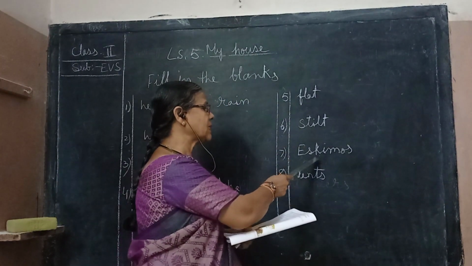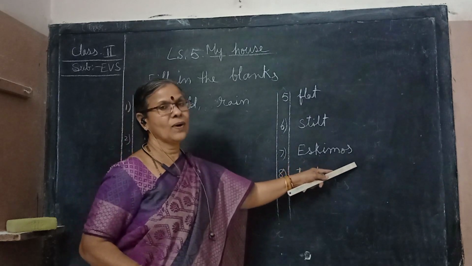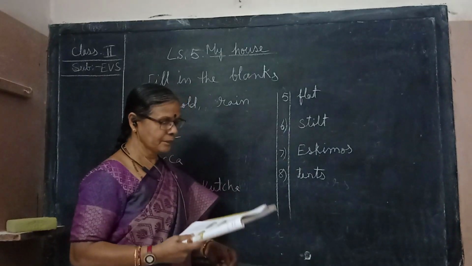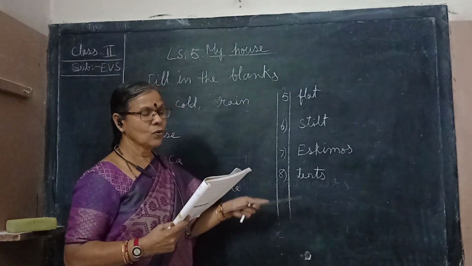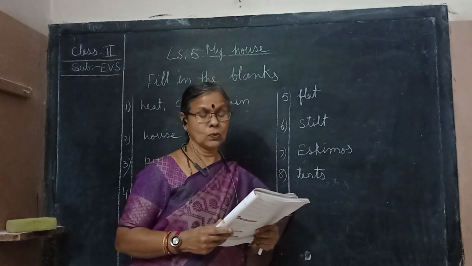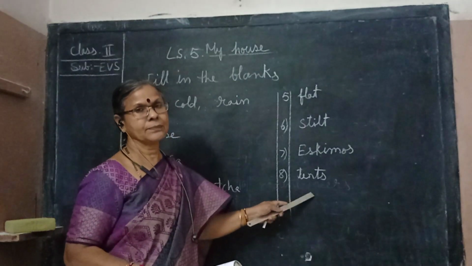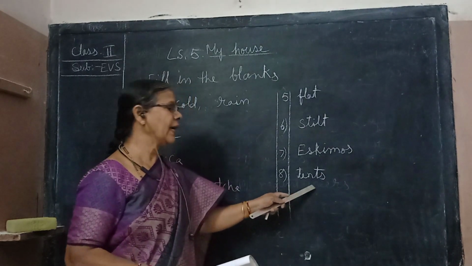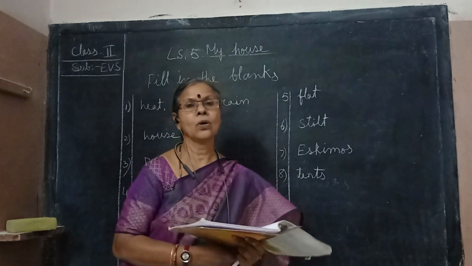Eskimos. E-S-K-I-M-O-S. Eskimos. Then eighth is, houses that can be folded and carried from place to place are called tents. T-E-N-T-S. Now I'll show you in the textbook also.